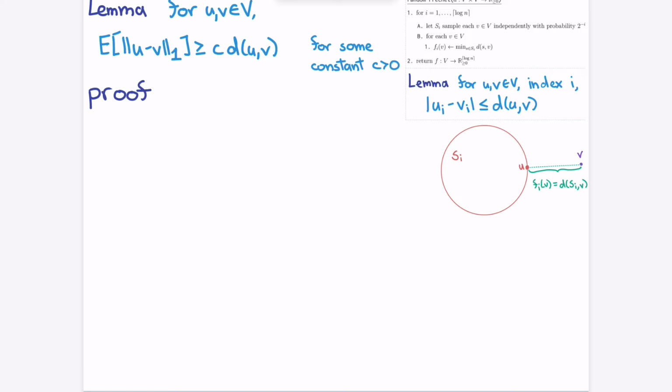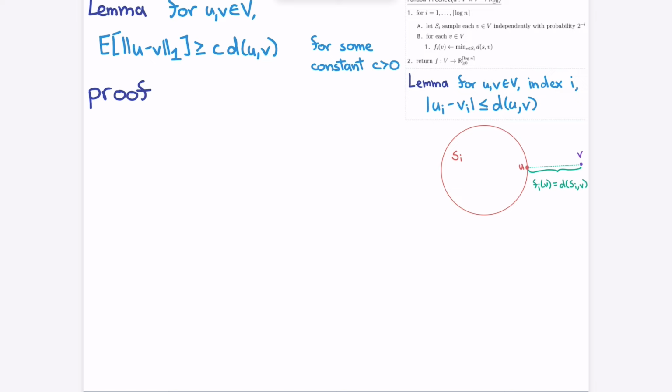Before, it was a coordinate-wise contraction, which means it's going to expand by at most log n times because there are log n coordinates. And now we want to show that it expands at least, say, distance uv divided by 100 or something, on average.